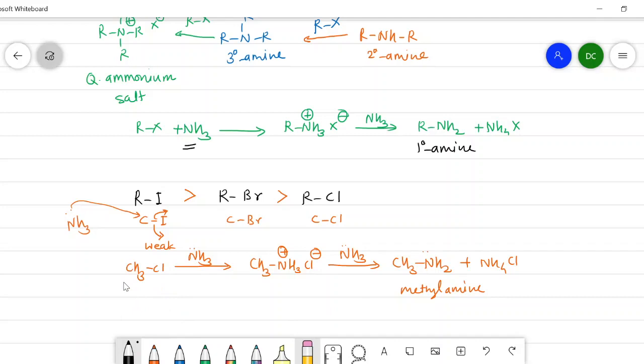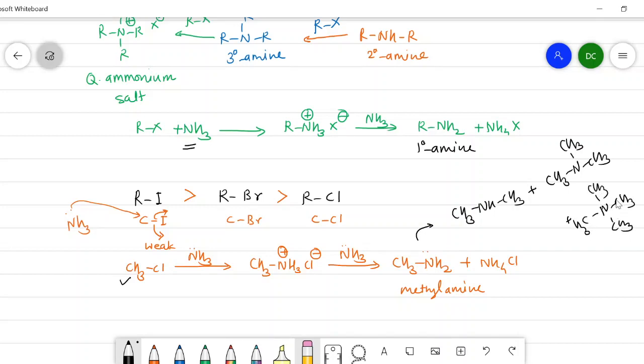And if this methyl chloride is in excess, then we get a secondary amine, CH3NHCH3, that is dimethylamine, plus a trimethylamine, that is (CH3)3N, plus a quaternary ammonium salt, in which nitrogen is attached to four methyl groups, with a positive charge and a Cl minus.